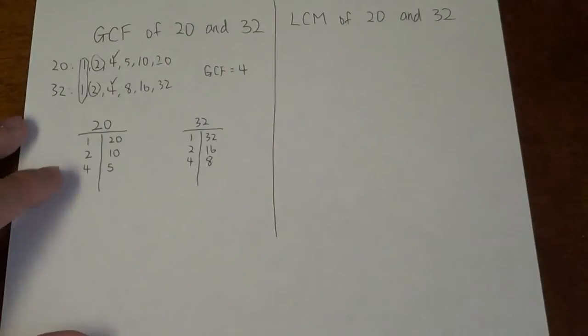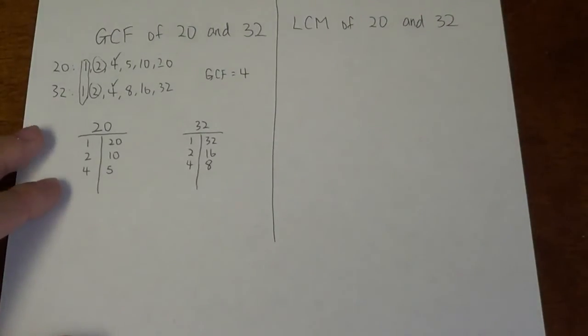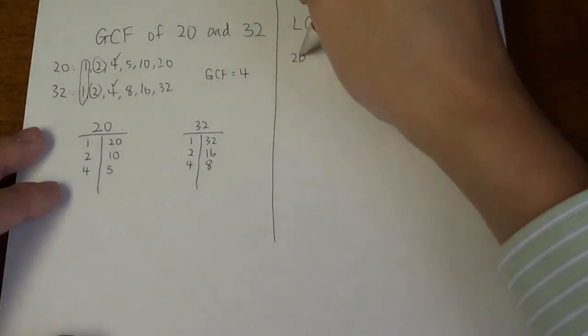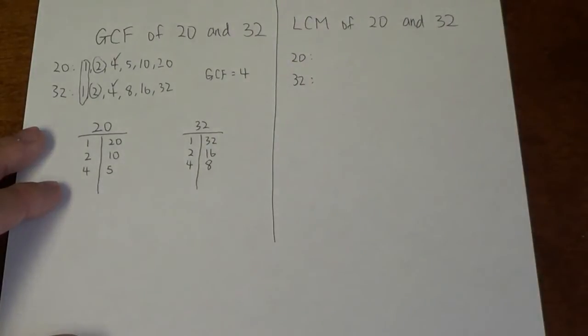Now the least common multiple will pretty much be the same thing, except now I'm going to list out the multiples of each number. If we're just finding a common multiple, the simplest way would be to multiply the numbers by each other.